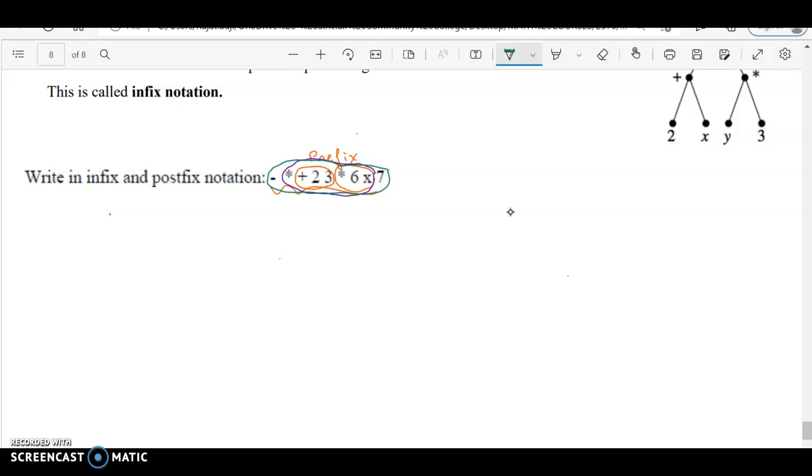So a little bit challenging, but you have to look at it and see what it is going to give us. What we have here is prefix, which is the Polish notation.